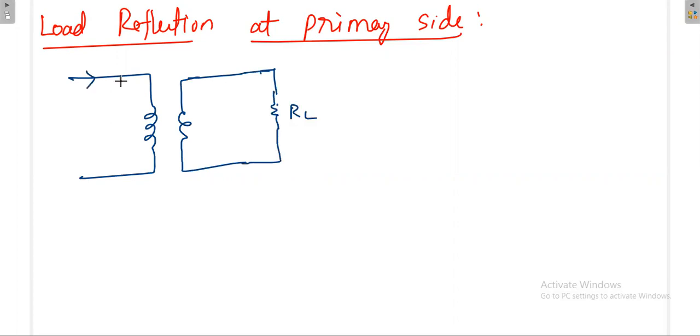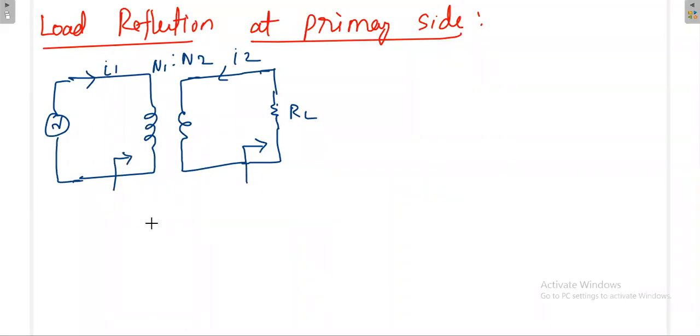Again, this is I1, this is I2, this is N1, and this is N2. Now the resistance looking from this terminal is RL. Then what is the resistance value looking from this terminal? That we have to calculate.